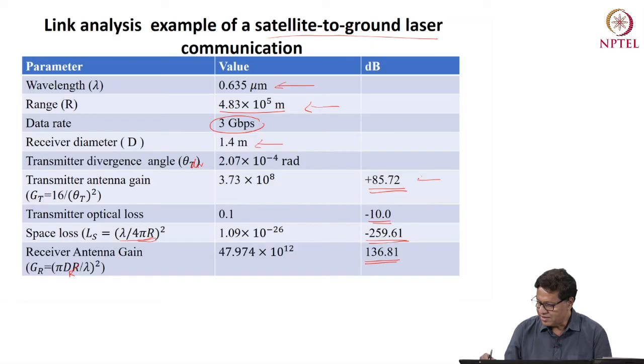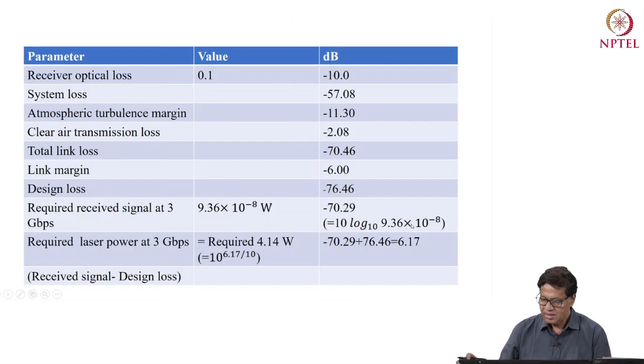So you got a transmit gain here, you got a receiver gain here, but there's a huge loss here because of this. There will also be some optical loss at the receiver. And the system loss, if you add up all these things, will be about 57 dB.